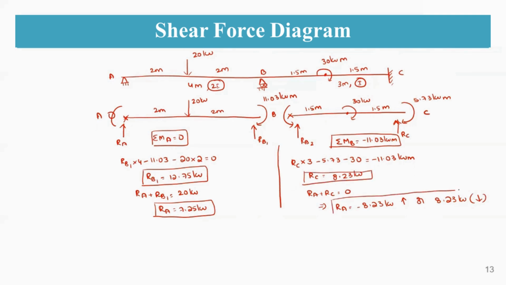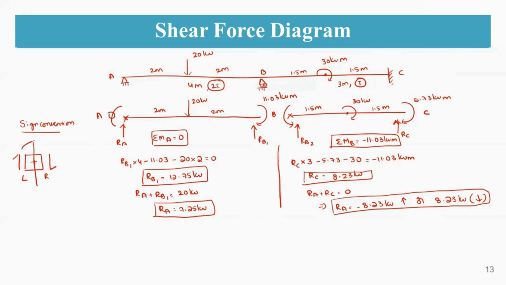So this is about RA and RC. Now to draw the shear force diagram, the sign convention for the shear force is, when we take an element, towards your element, the left side is upward and right side is downward.